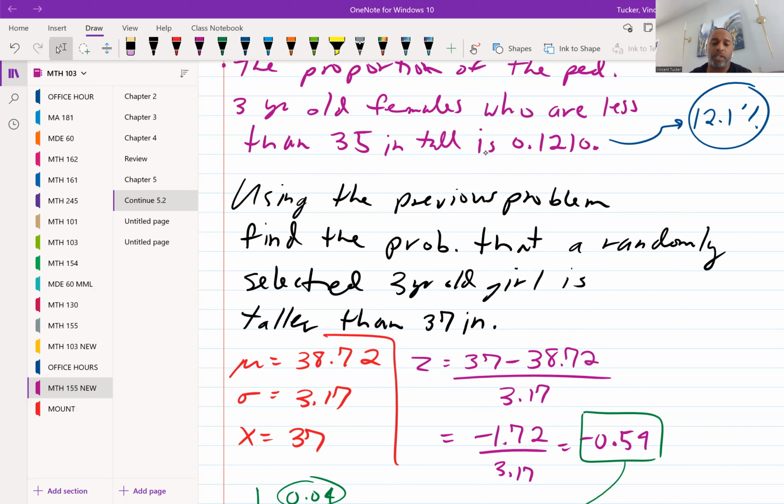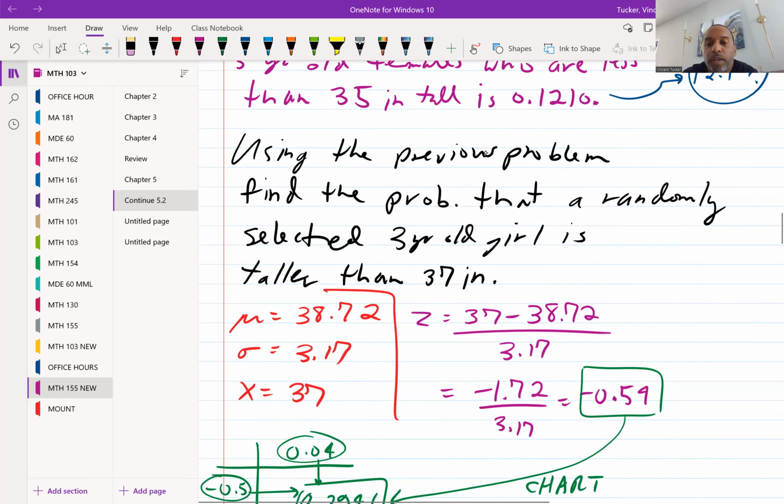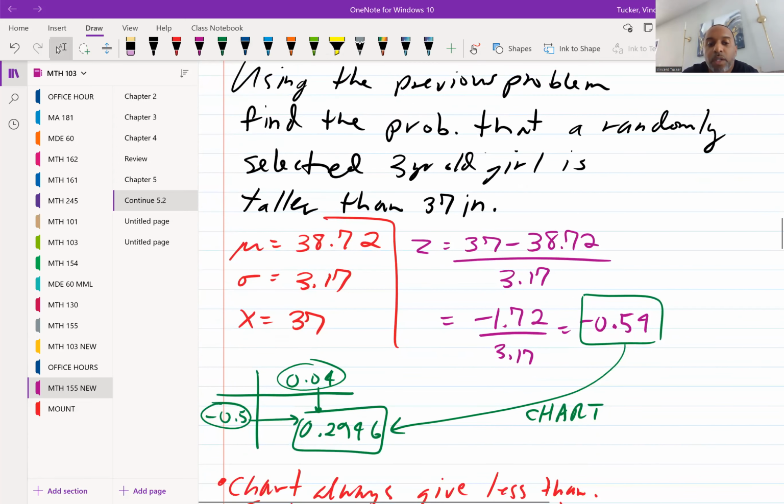And then our data value is 37. So we have z-score negative 0.54. The 4 will be on top, in that top row. The negative 0.5 will be in the left column. And that gives us a chart value of 0.2946.